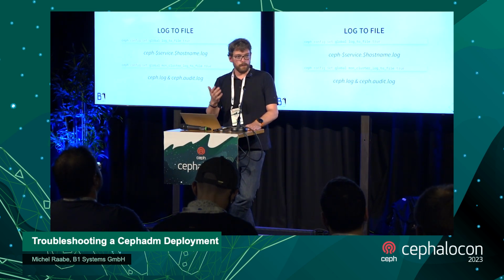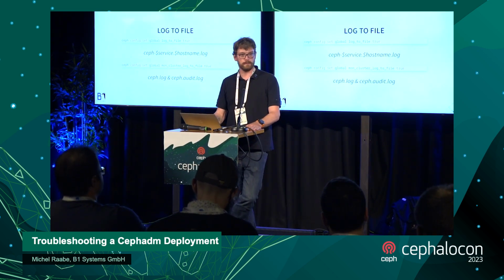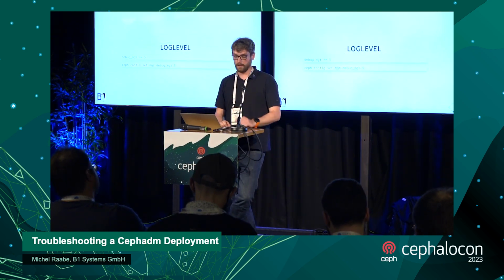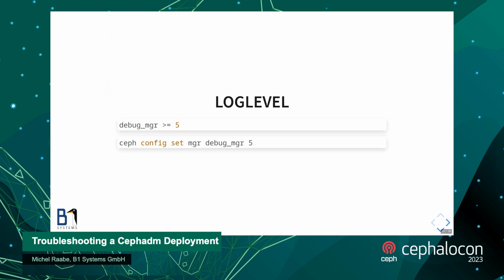That's all helpful to get information, but there's one thing missing. The log level. The default log level is 1 for the log file. The memory level sticks to 5 by default, but that's not helpful. 1 means nothing. Service created, scheduled.